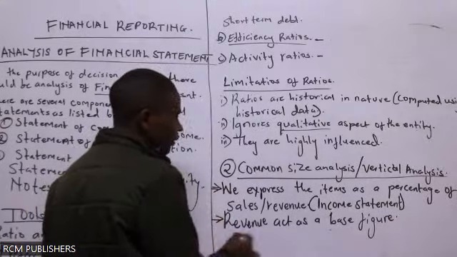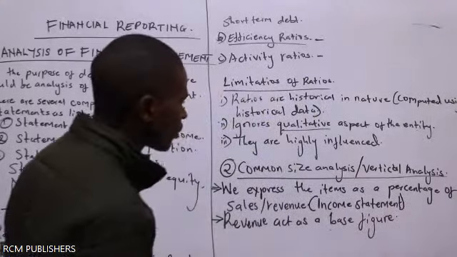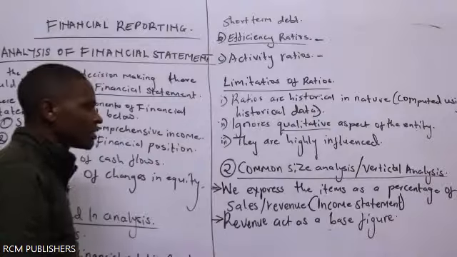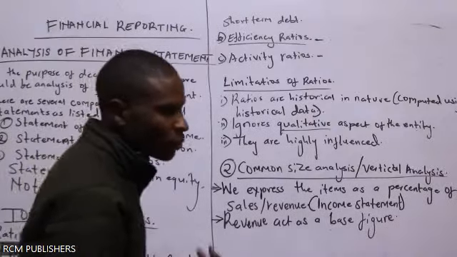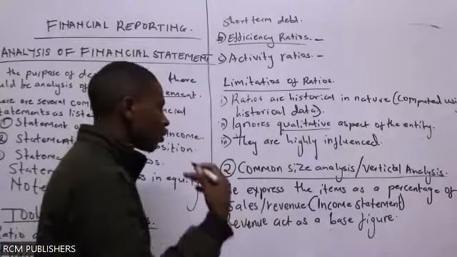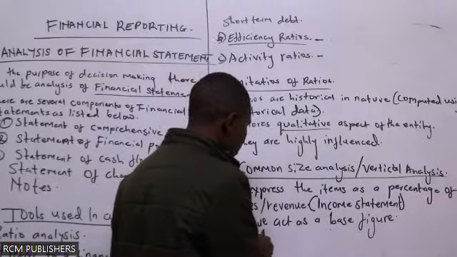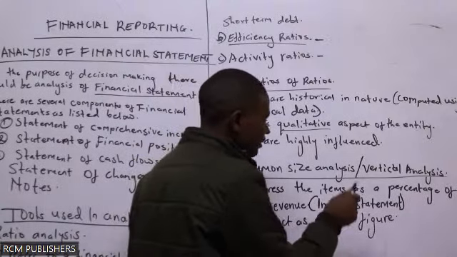In regard to the income statement. When we are analyzing the income statement using the common size analysis or vertical analysis, we are trying to express the item as a percentage of sale or revenue. And that's what we are stressing in here, saying that the revenue acts as the base figure.